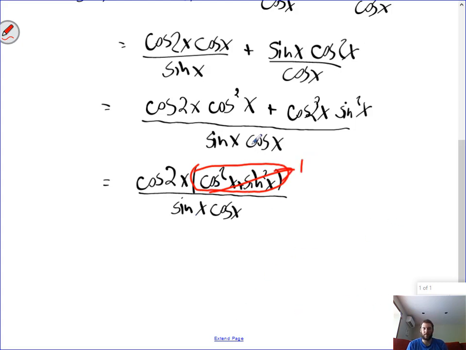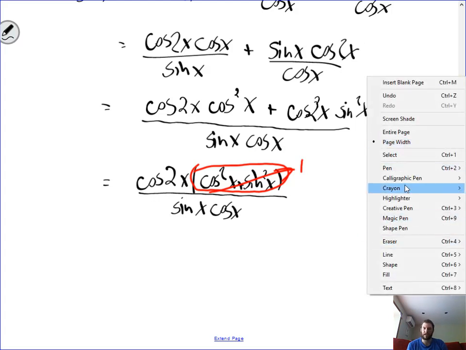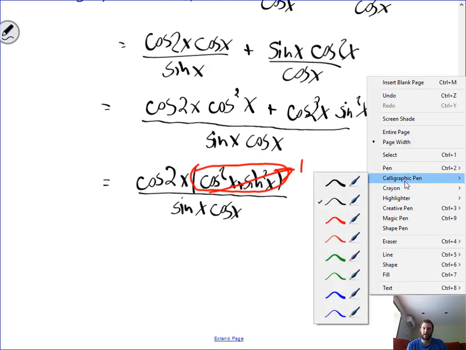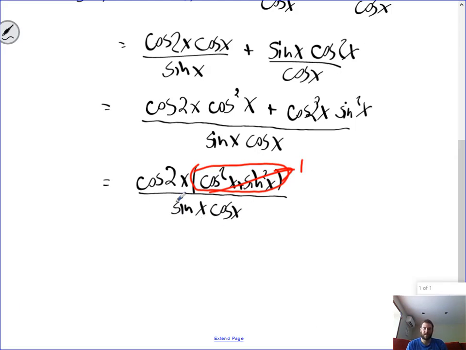So now I am just one more step away from trying to turn this thing into my identity. Why is that? It is because this thing right here is not quite the double angle identity, right? We know that the sine of 2x is equal to 2 sine x cos x, which means that this thing is actually half of my identity.